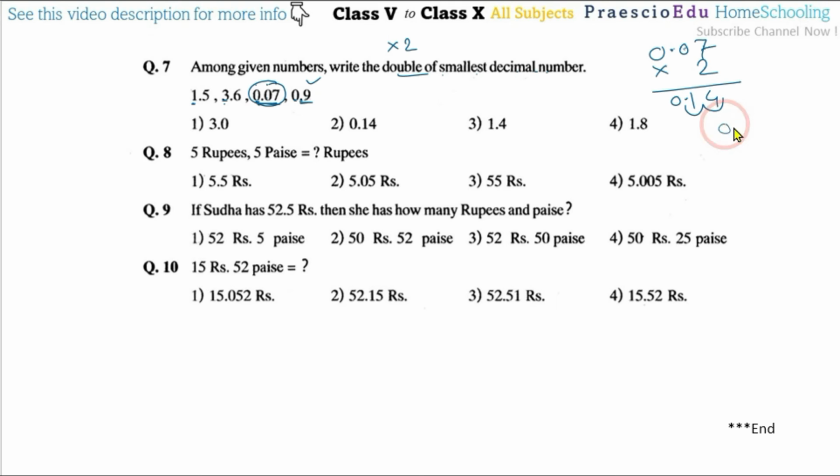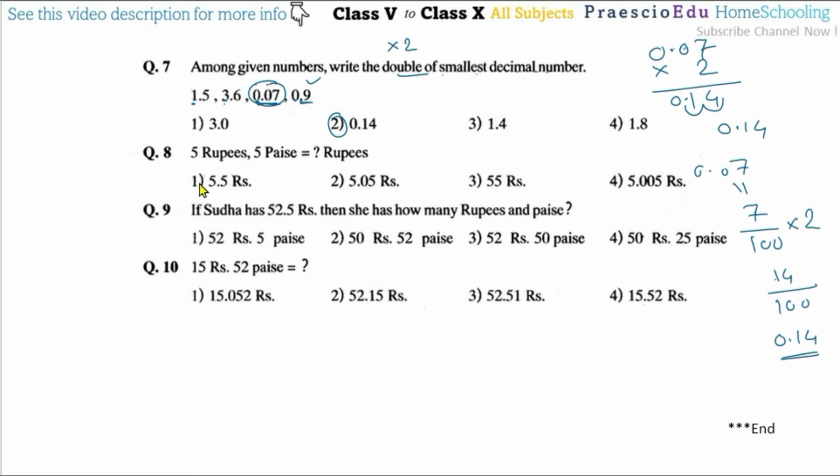So 0.14, or we can write 0.07 as 7 by 100 and then multiply by 2. So 7 multiplied by 2 is 14, and then over 100, so 14 by 100 means 0.14. So this is the answer, and this is given in option number 2.